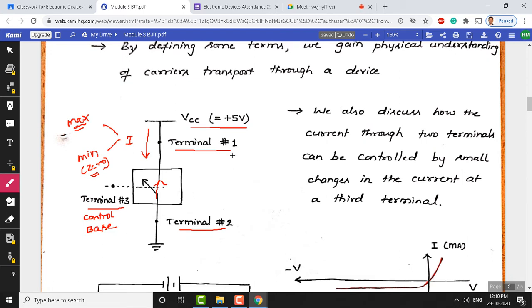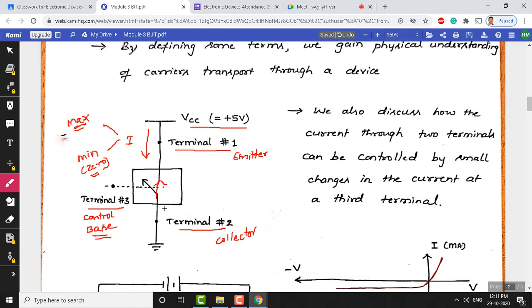This is analogous to the emitter, and this is analogous to the collector. Always the emitter injects the charge carriers and the collector collects the charge carriers. The charge carrier movement from the emitter to the collector can be controlled by the base terminal, or the 3rd terminal in general.